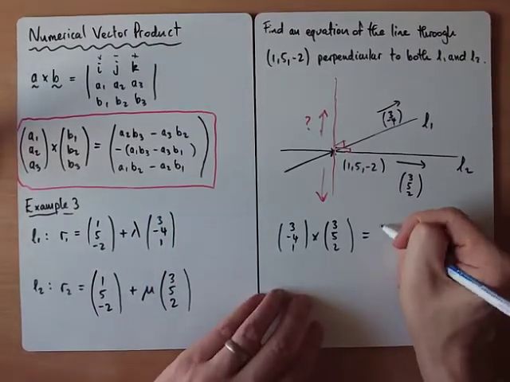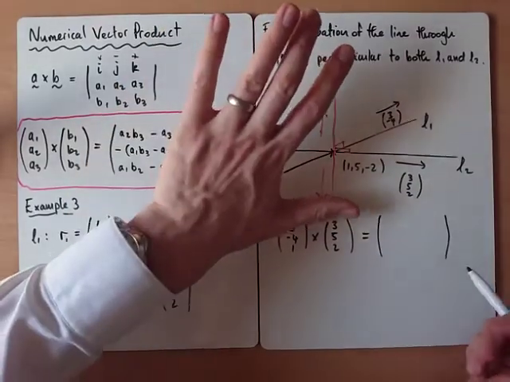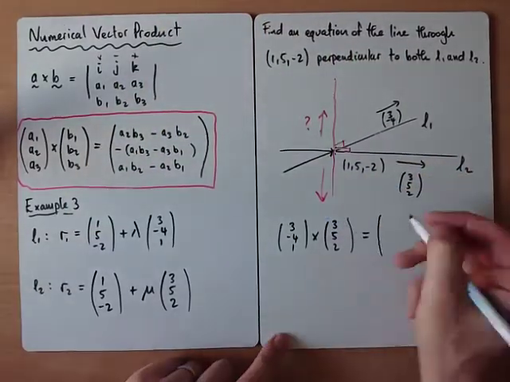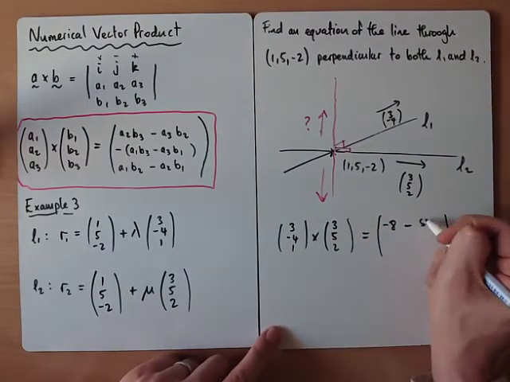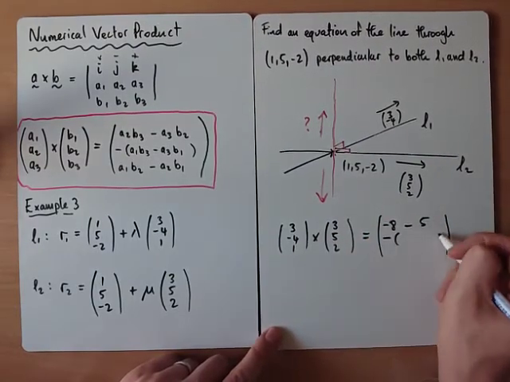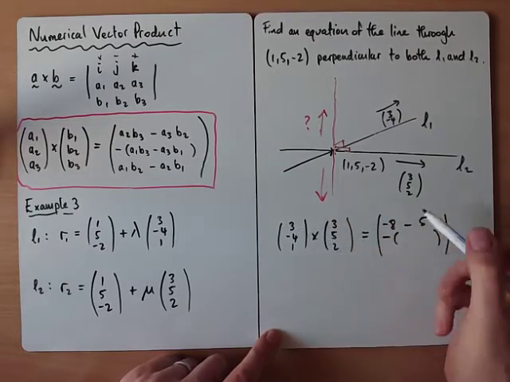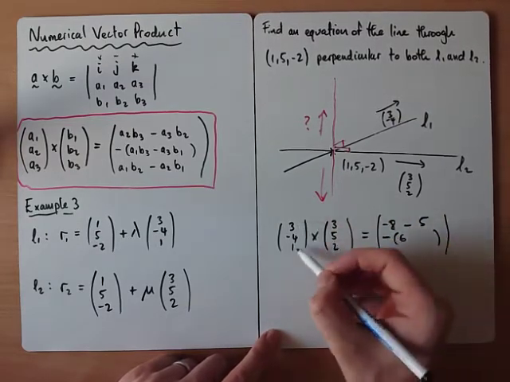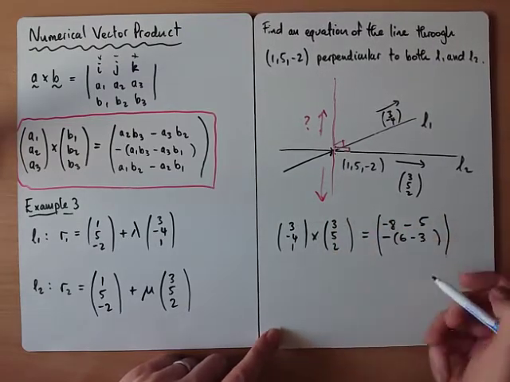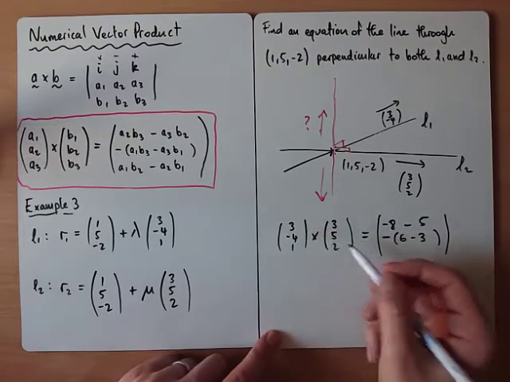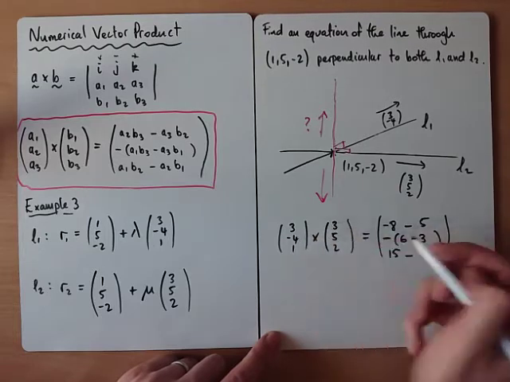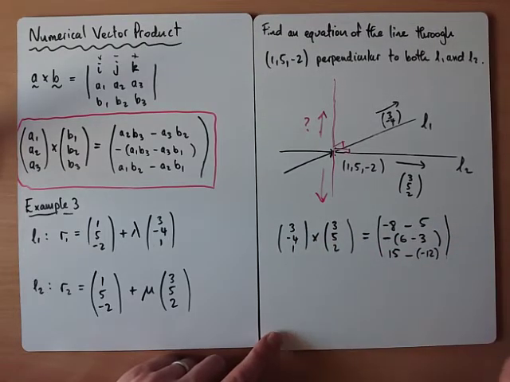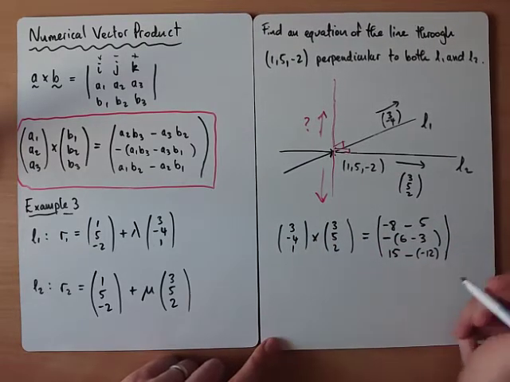So when we cross product these two, cover up, you'd get -8, -5, -6, -3, and then 15, -12.